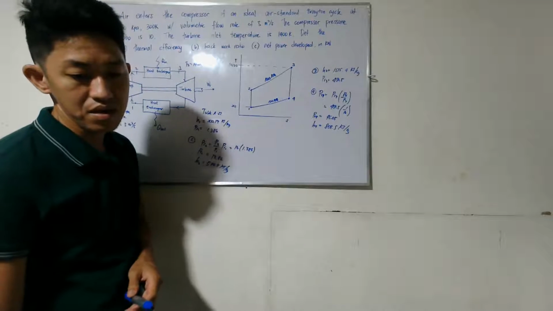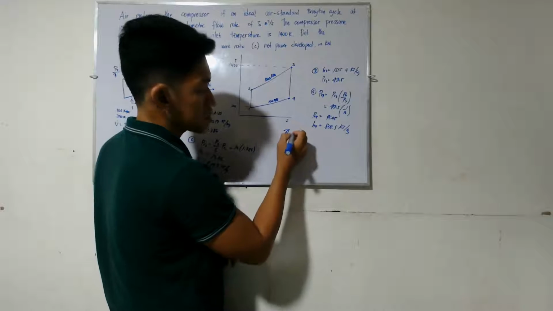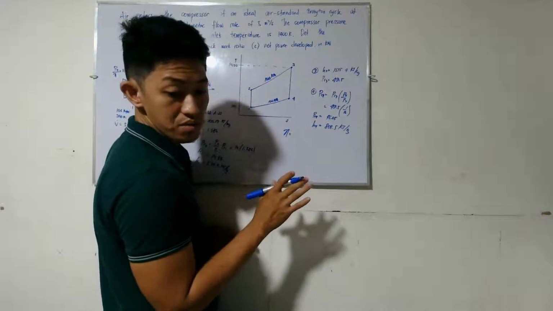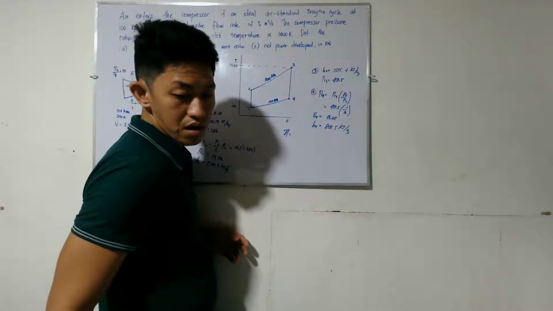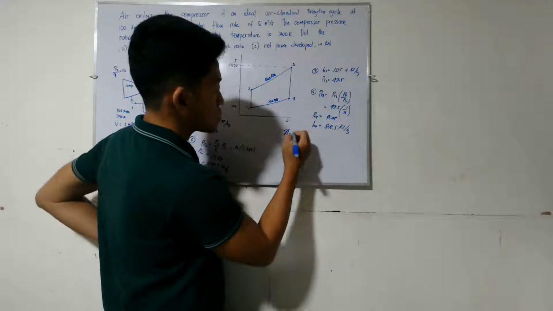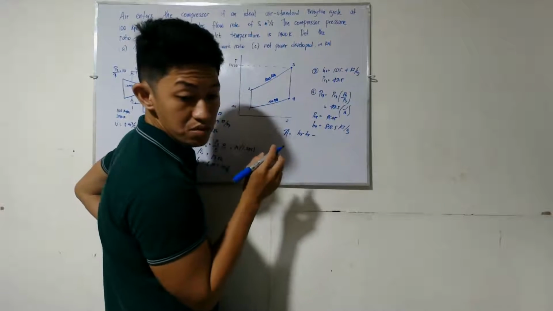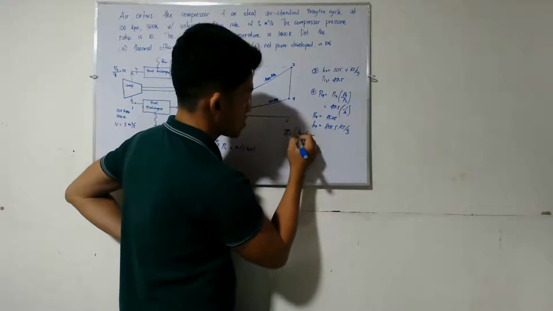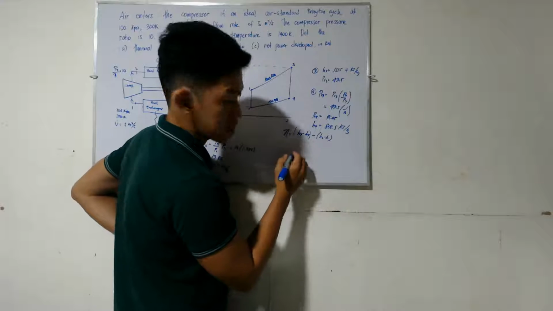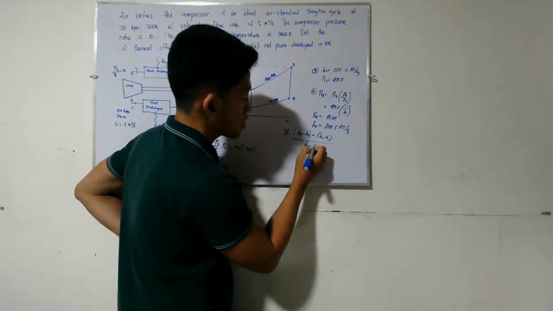Okay, so now to get the thermal efficiency, this is just equal to the work turbine minus work compressor over the heat input. So you have H3 minus H4, this is the work turbine, minus H2 minus H1, all over H3 minus H2.